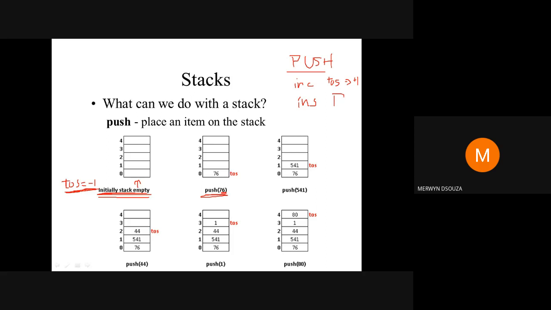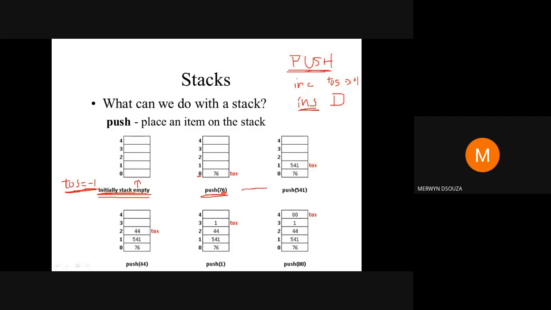Whatever is your data, you will be inserting there. So push consists of 2 steps. First, increment top of the stack by 1, and then second step, insert the data at that place where top of the stack is present. Okay, so that is how 76 comes at this index 0.